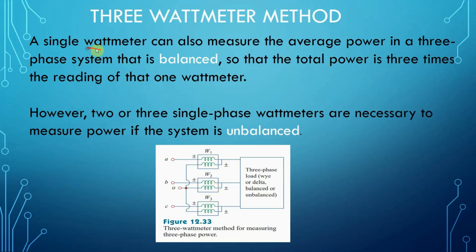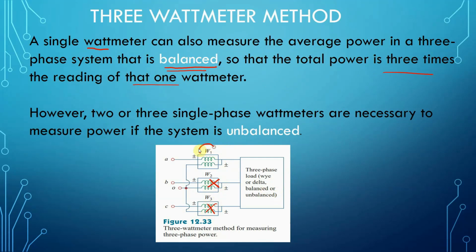Okay, a single wattmeter can also be used to measure the average power of a three-phase system. That is, balanced. So it is limited to a balanced load only, so that the total power is 3 times the reading on that wattmeter. Suppose we have a balanced load. We are not connecting these other wattmeters.